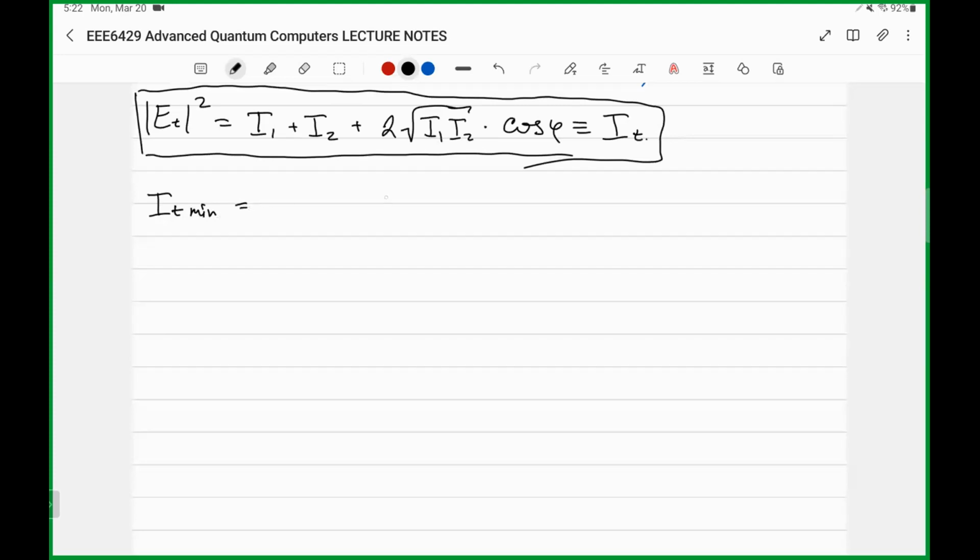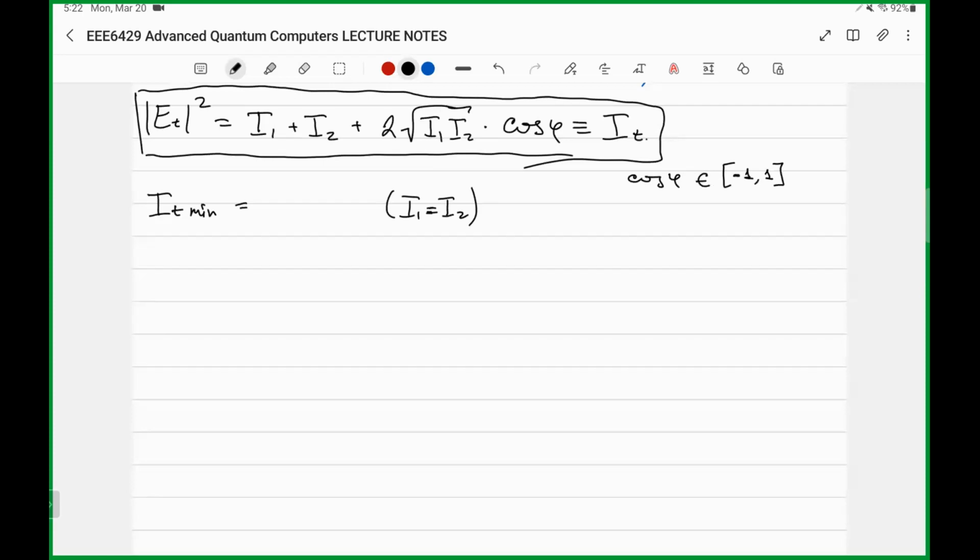I assume that I1 is equal to I2 for now, so the intensities of both sources are the same, and the total intensity minimum, because cosine is a function that goes from -1 to 1, right?